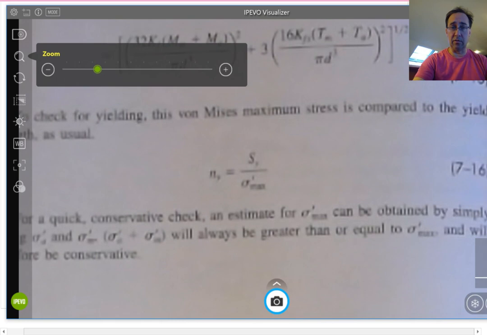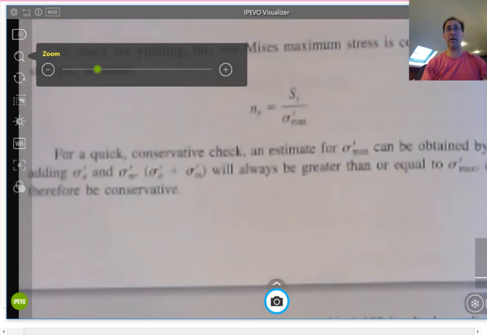However, you notice this note underneath that there's a quick conservative check, and that is that sigma max is just sigma a prime plus sigma m prime, and that'll always give you a conservative estimate.